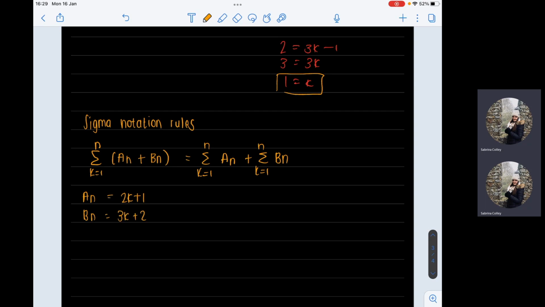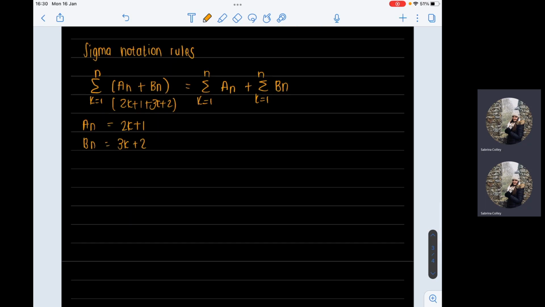If I add them together, it's taking the sum of sequence a_n and adding the sum of the second sequence b_n. It's the same as if I did 2k plus 1 plus 3k plus 2 and added them together. It's going to give me the same answer if I work out the sigma notation for both.